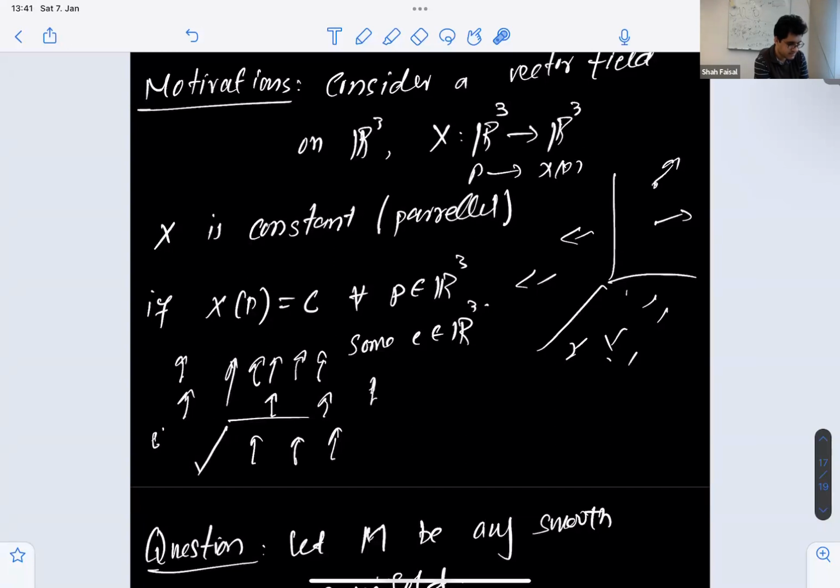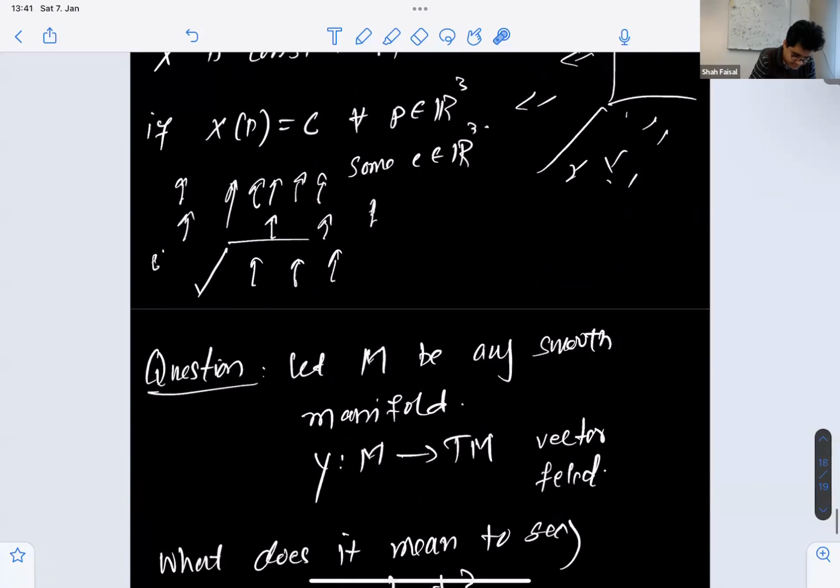Can somebody say it? When a smooth function is constant, use some calculus to tell me. If its derivative is zero. Exactly. If its derivative is zero.